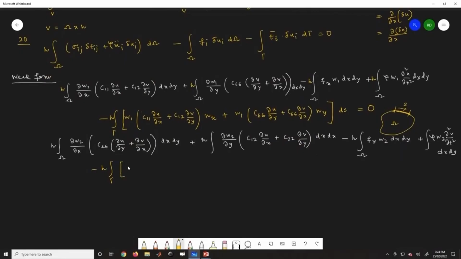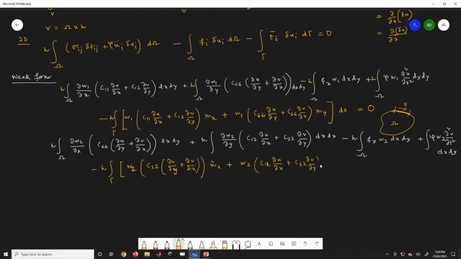So now this was w1, now we'll have w2, now we'll have C22, that is del u del x plus del u del y and del v del x, and this will be multiplied with nx, plus w2 multiplied by this quantity, that is C12 del u del x plus C22 del v del y.